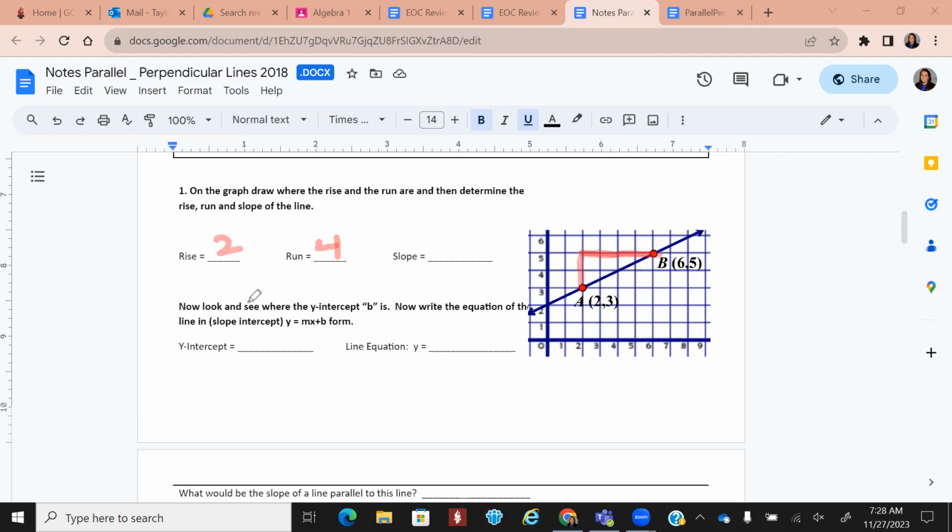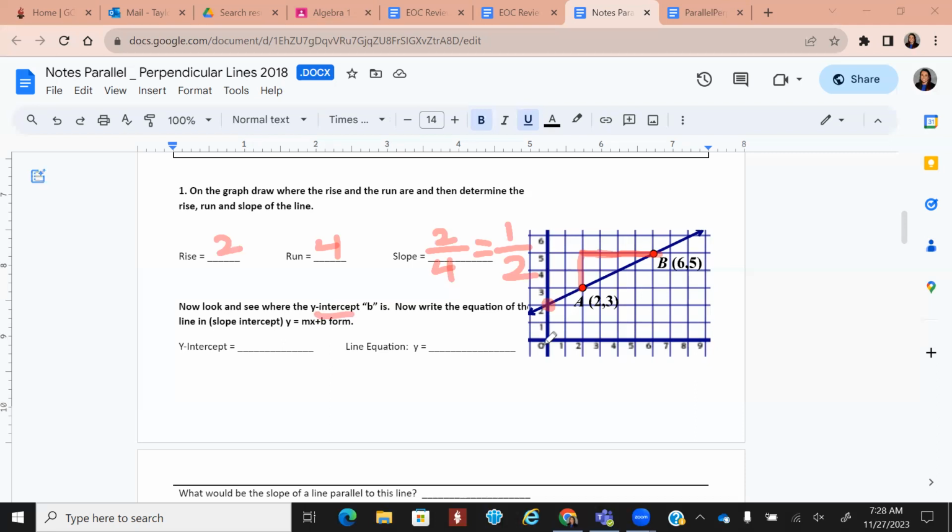Does everybody see where I got that? Okay, so slope is rise over run. So we're going to say 2 over 4. Can we simplify that fraction? Yes, we can divide the top and the bottom by 2, and that gives me 1/2. Now look and see where the y-intercept is.